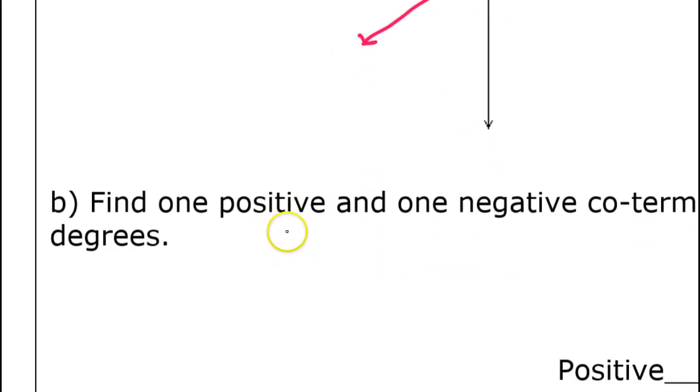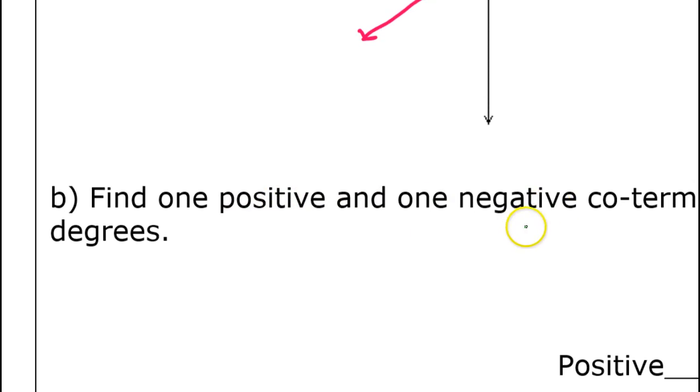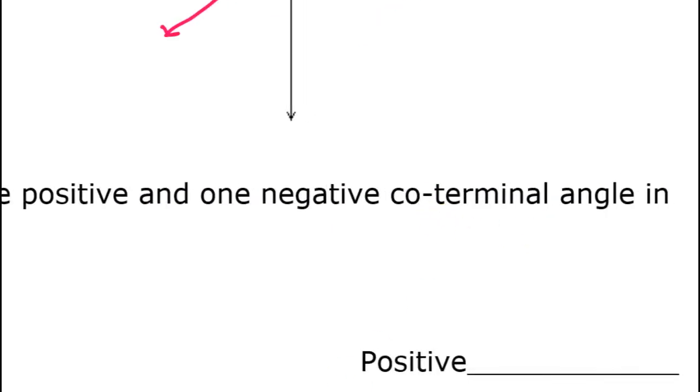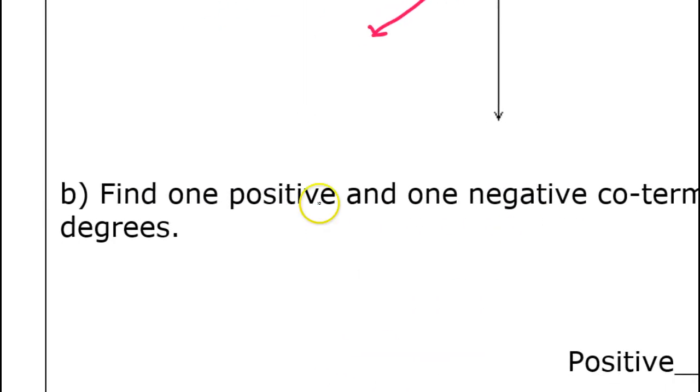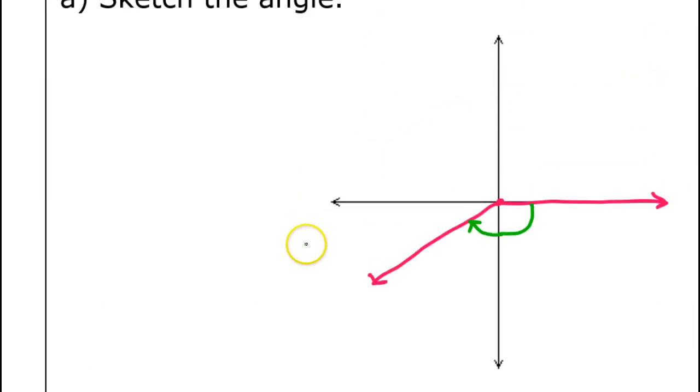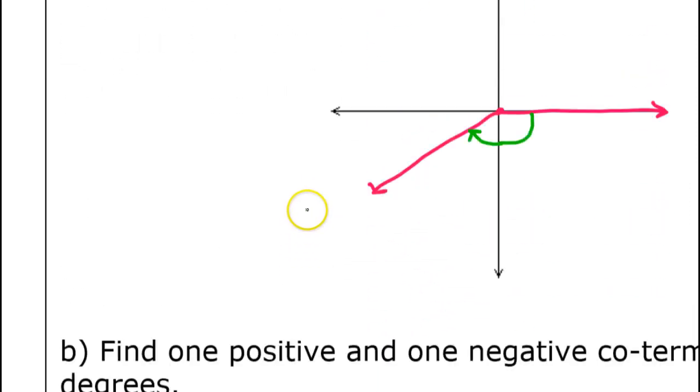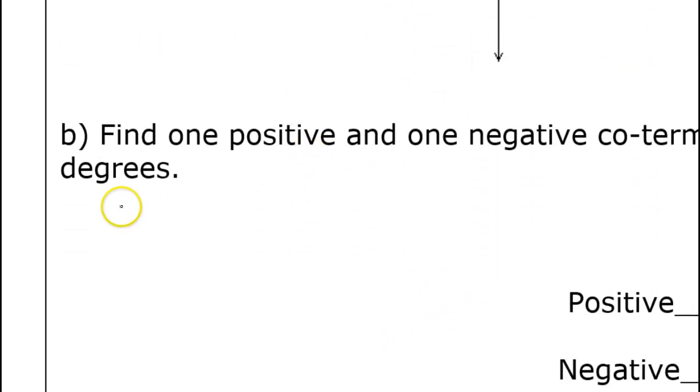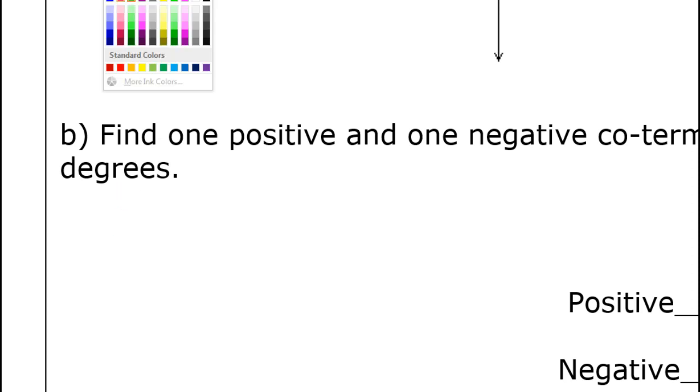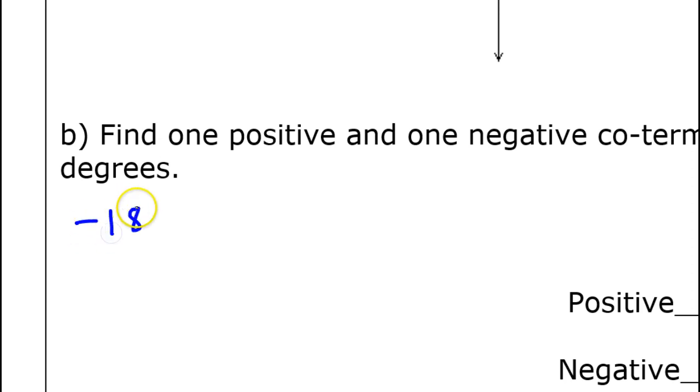So now let's talk about one positive and one negative coterminal angle in degrees. I have negative 160. If I start with negative 160, I can get a positive coterminal angle by adding 360. Alright, that's going to put me back to where I started from.